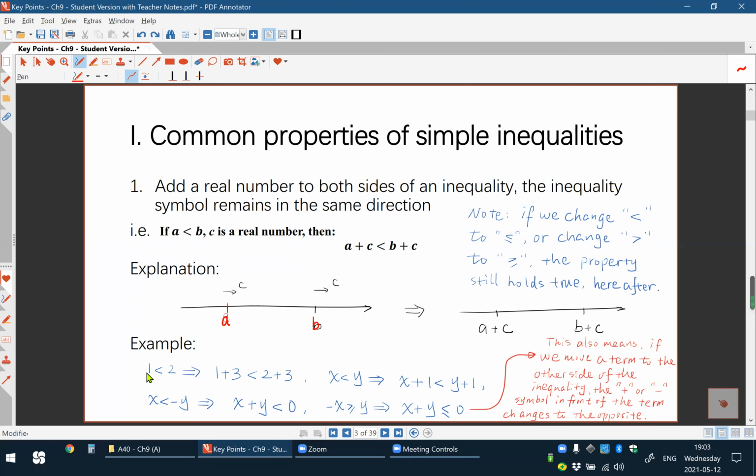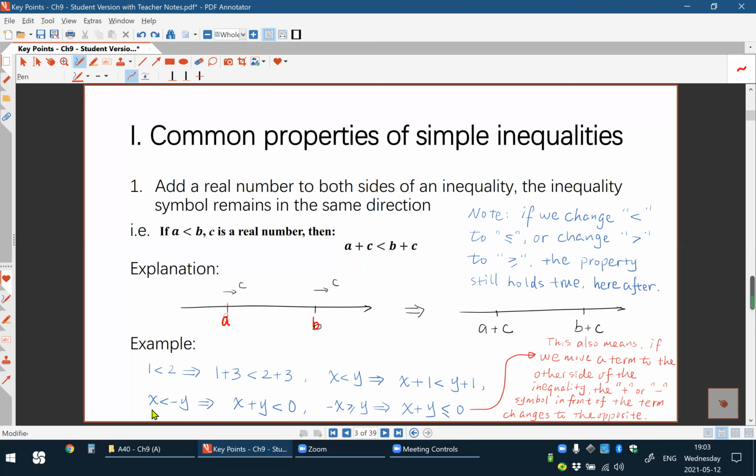For example, 1 is smaller than 2, right? If 1 is smaller than 2, we know that 1 plus 3 is smaller than 2 plus 3, right? Also, if we have x is smaller than y, then we know that x plus 1 is smaller than y plus 1.